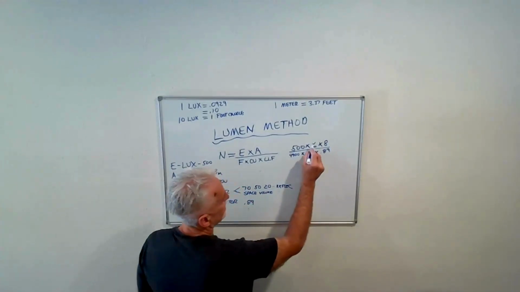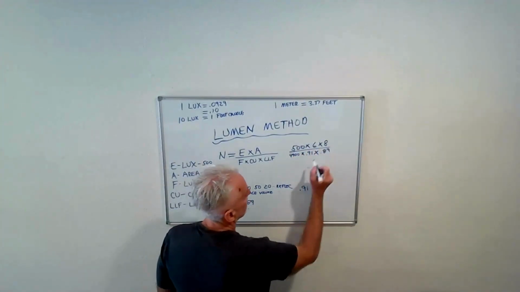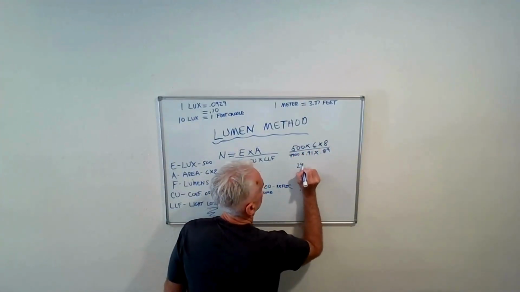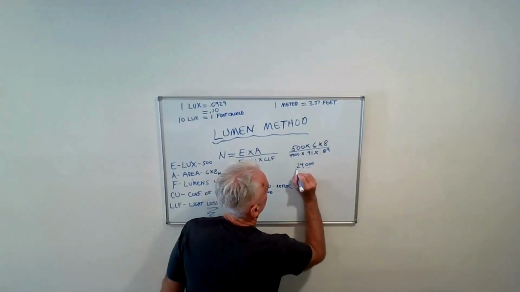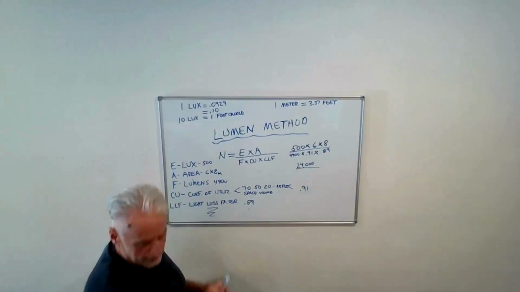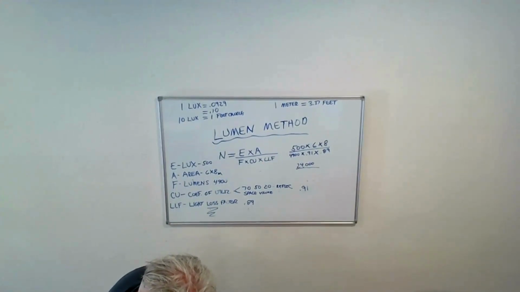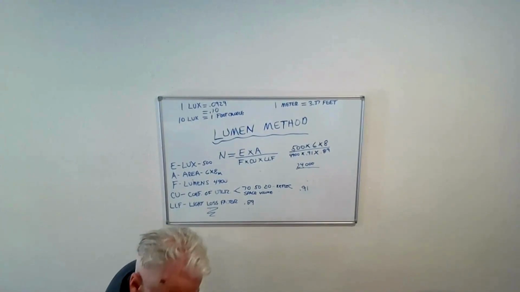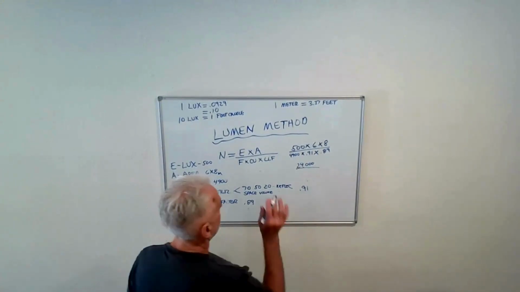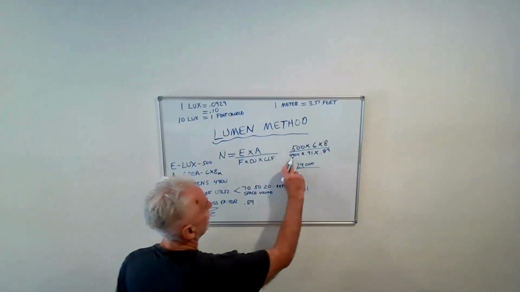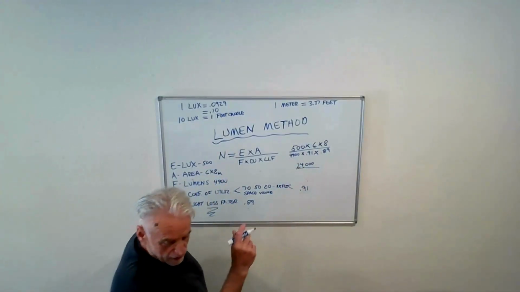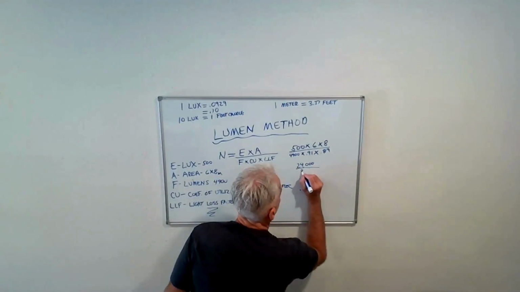500 times 6 is 3,000. 3,000 times 8 is 24,000. So it's 24,000 over, and I'm going to use a calculator for that one. So with our light loss factor and our coefficient of utilization, it's going to take our lumens down to 3968.